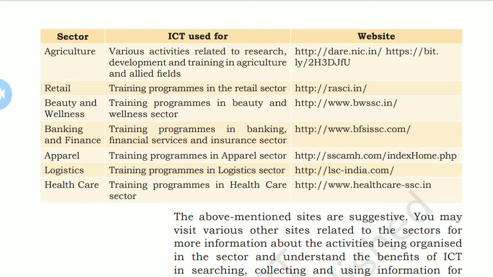And the ICT which is used for these sectors can be for research, development and training programs. In every field you can observe the training programs can be held through this ICT and their respective websites are given.